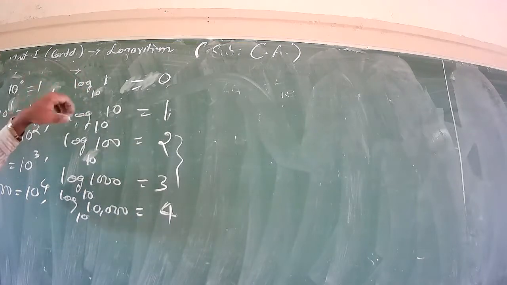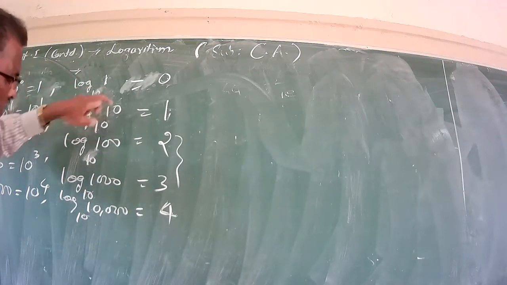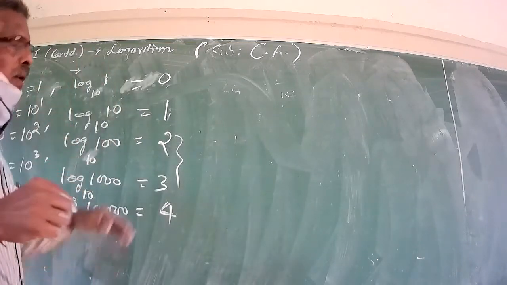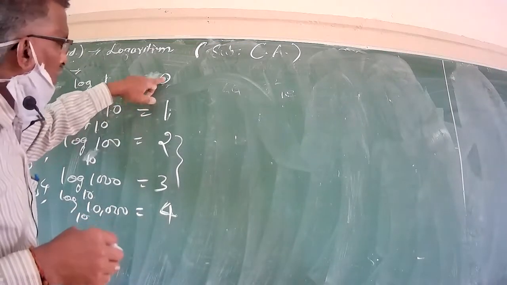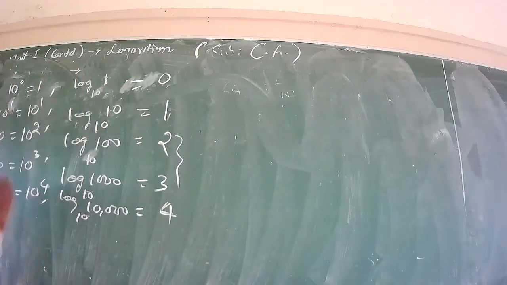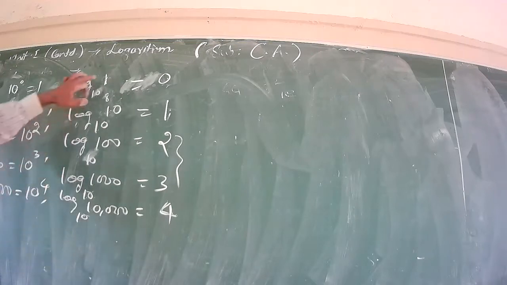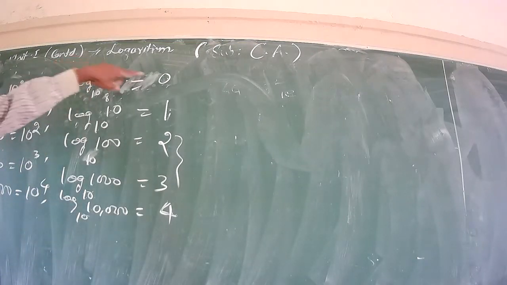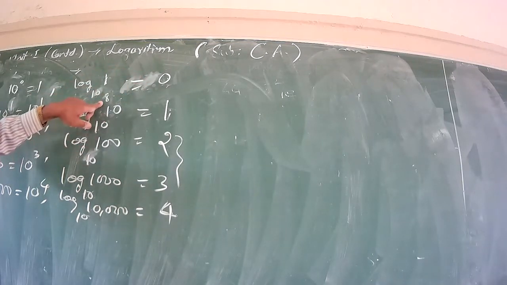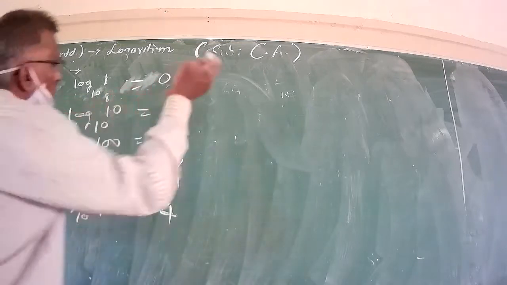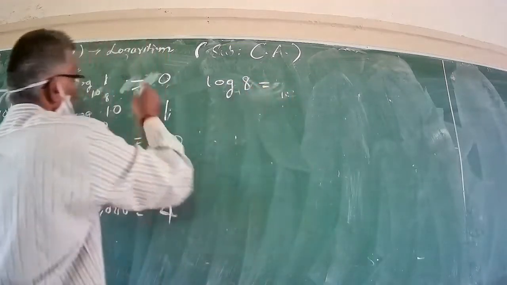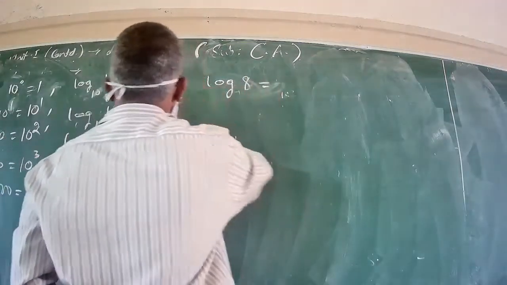If any number lies between 1 and 10, then the log of that number lies between 0 and 1. Suppose log of 8. Log of 8 is greater than 0 and less than 1, so it lies between 0 and 1.